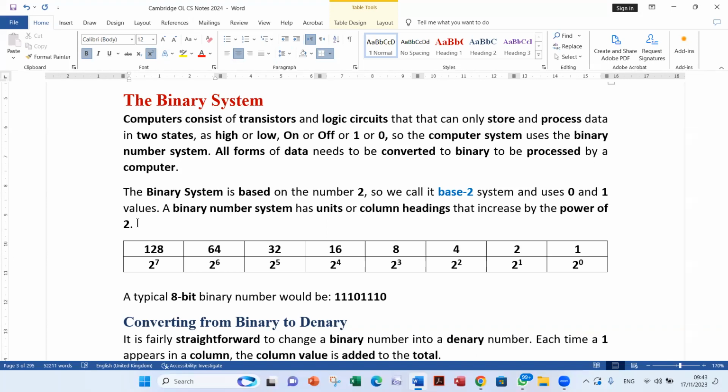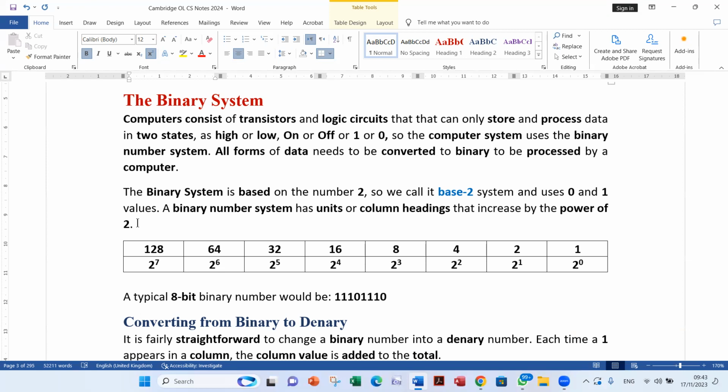So column headings now become 1, 2, 4, 8, 16, 32, 64, 128. We stop now for the moment at 128 because this is a representation for 8 bits. A typical 8-bit binary number would be in the form of 1110 1110, for example. This is just an example. Okay, so that was the introduction.